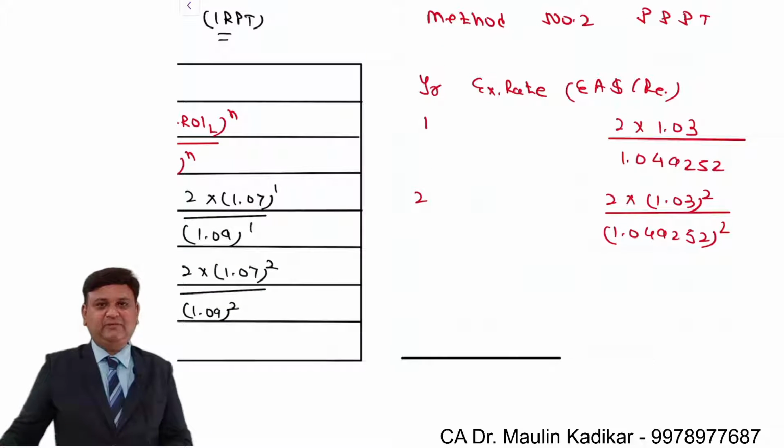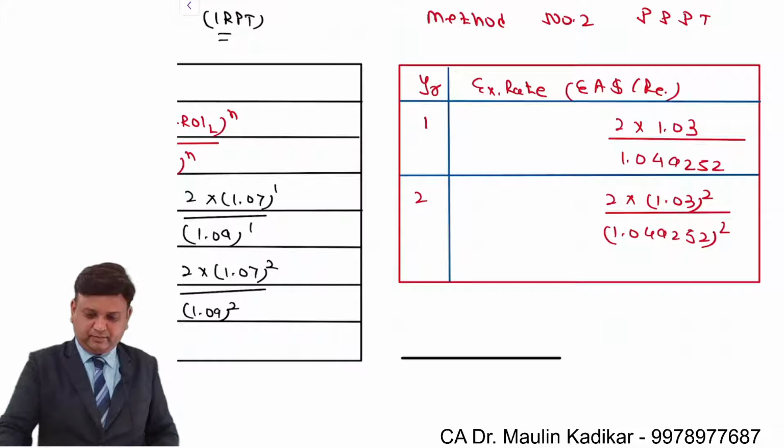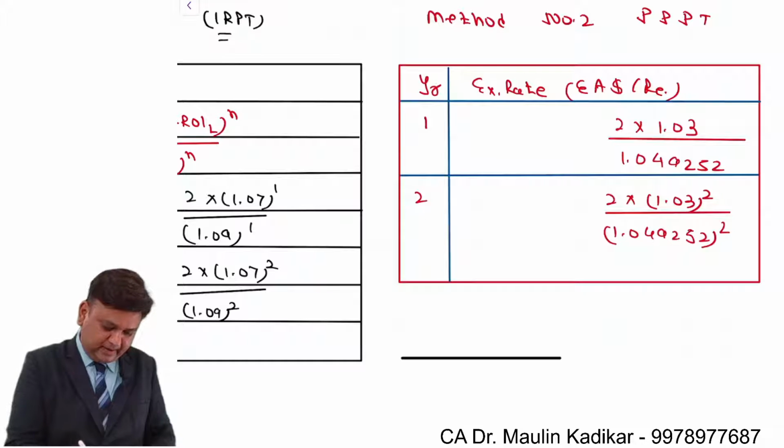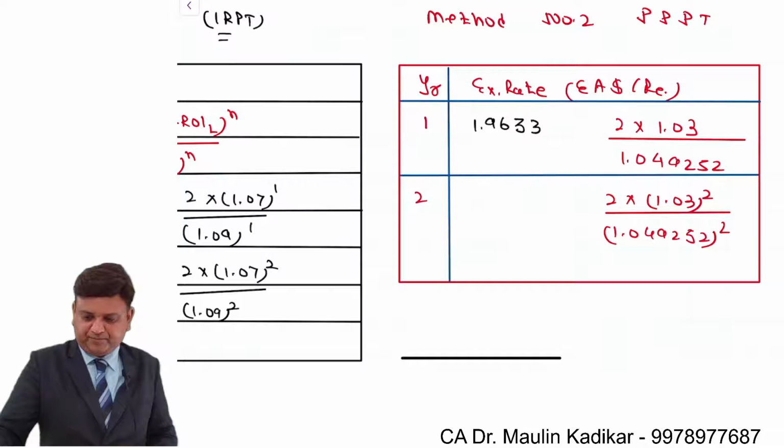And then we'll do the NPV calculation. So 2 into 1.03 divided by 1.049252. So 1.9633 is the answer. Then 1.9633 into 1.03 once again divided by 1.049252.